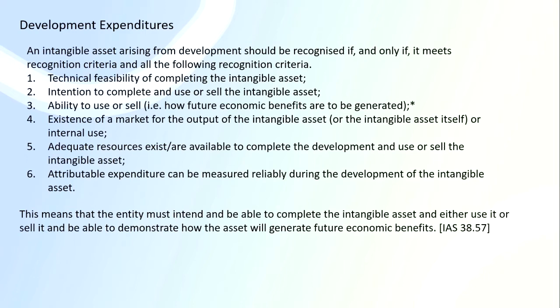When the product is able to be completed, sold, or used, or can demonstrate how the asset will generate future economic benefit, or the company can estimate the cost of the expenditure. When this happens, we can recognize it as an intangible non-current asset.